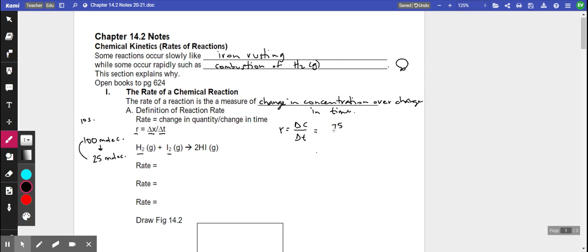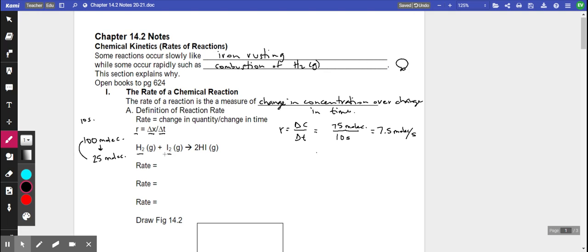So the change was 75 over 10 seconds. And this is molecules. We want to put our units. So that would be 75 divided by 10, 7.5 molecules are reacting per second. Okay, so that is the rate of the reaction.